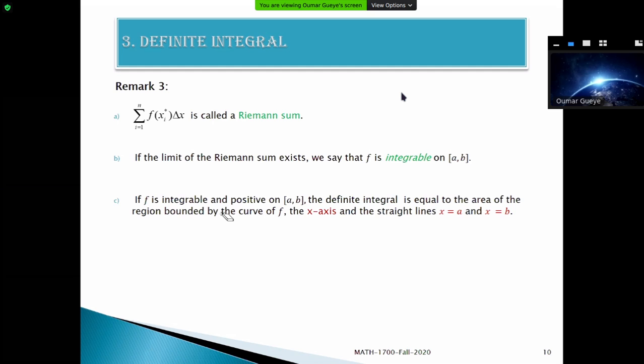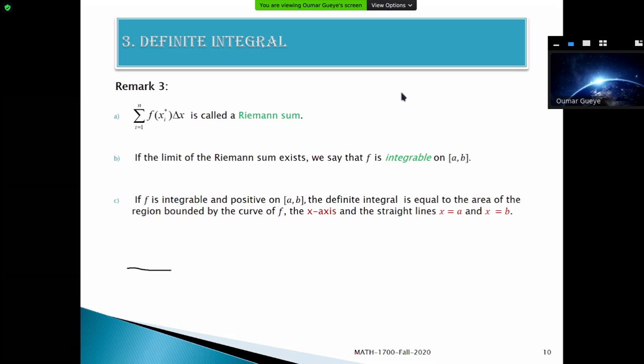No. They coincide under some condition, otherwise they're going to be different. The condition is the function should be positive over the interval AB. Otherwise, the integral is not necessarily equal to that area. I'm just going to make a picture and you can see exactly what I'm saying.